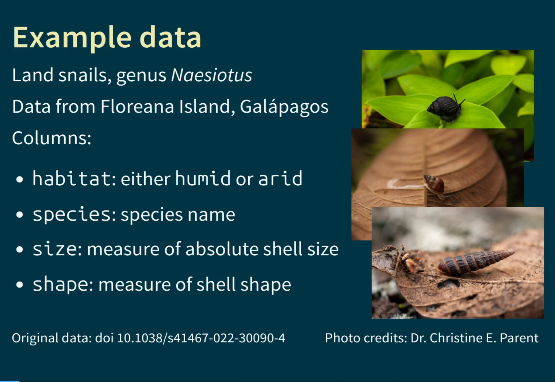If you look at the topmost snail in the pictures, that's more of a round, bulky shell, whereas the bottom individual has a long, slender shell. So the first one would have a negative value for its shape parameter, whereas the final one would have a positive number.